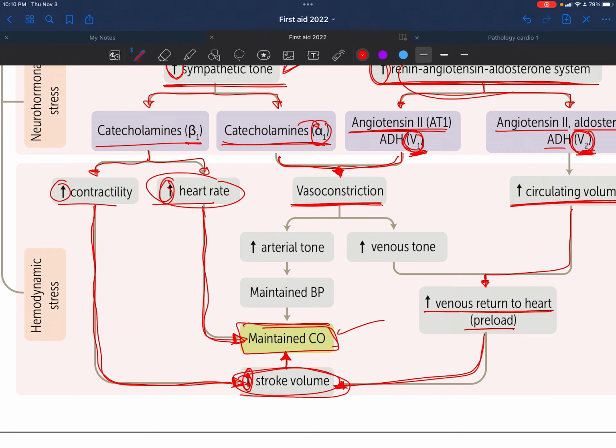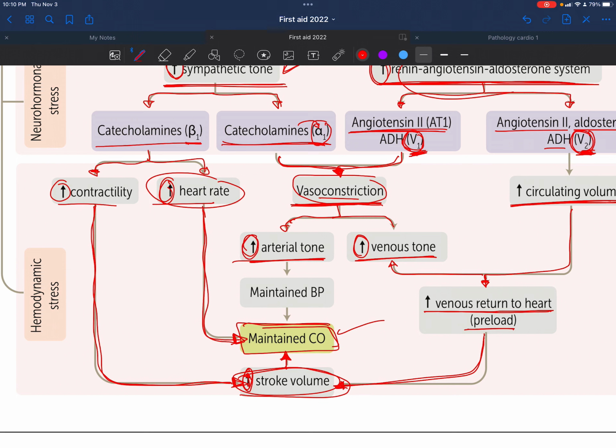Is that it? No. Actually, the vasoconstriction that we have just talked about has done two things as well. It has increased venous tone, which the increase in venous return has helped with. And this vasoconstriction also caused increased arterial tone. So basically, the vessel is getting smaller, which means we are increasing the tone of the arterioles and arteries.